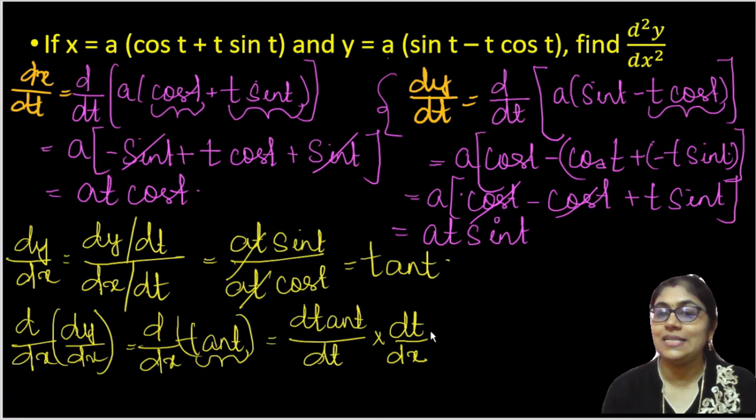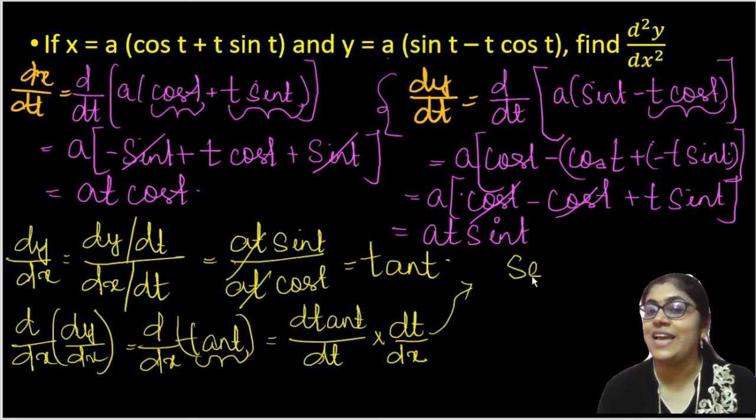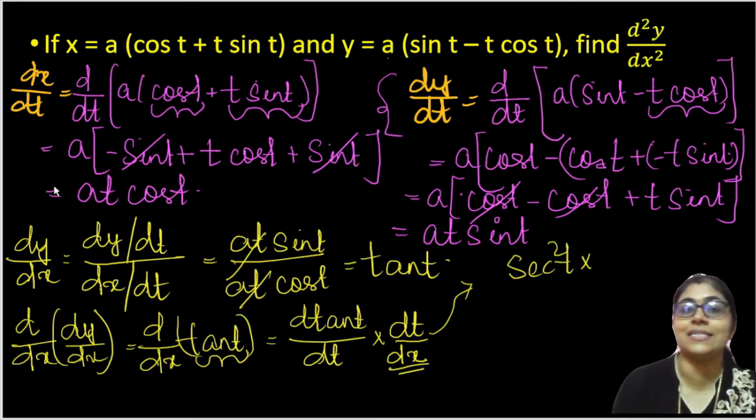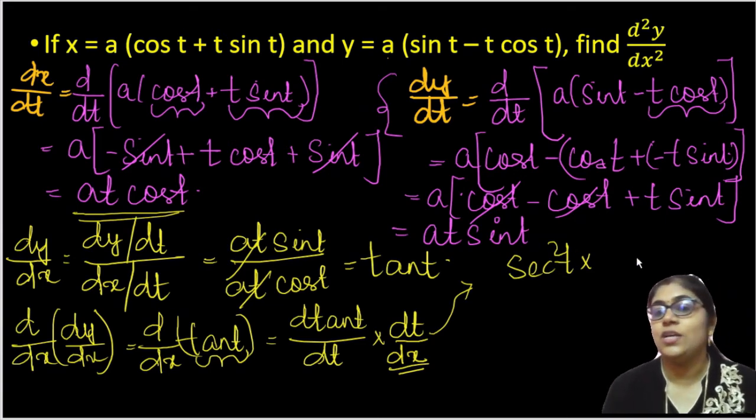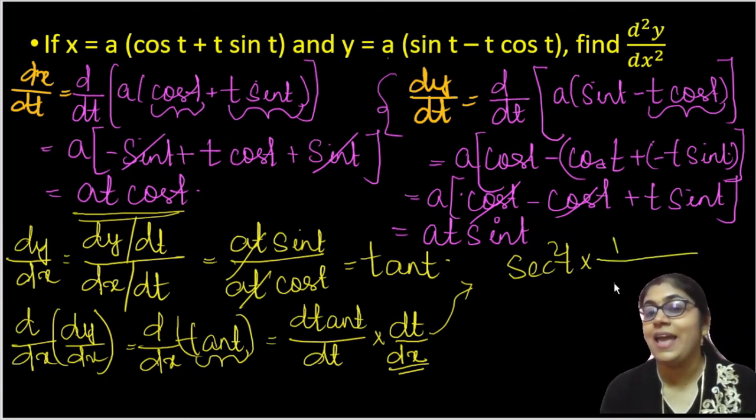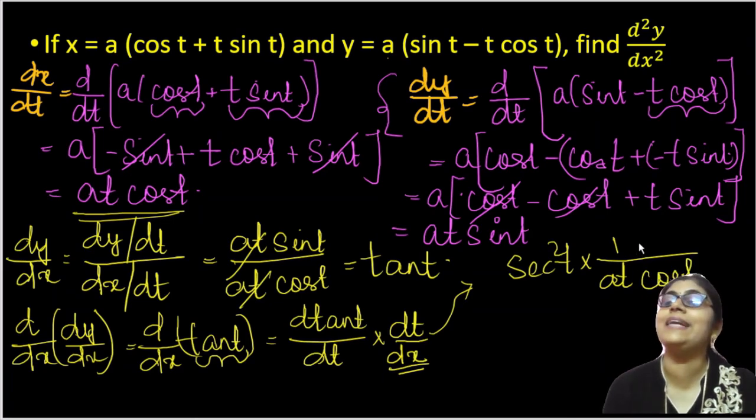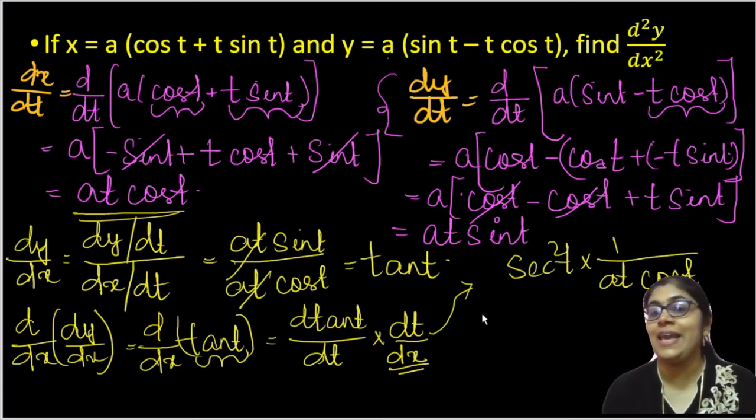So d tan t by dt is equal to sec square t. And what happens to dt by dx? dx by dt is equal to a t cos t. So this is 1 by a t cos t, or you can say it is sec t by a t. So our answer is sec cube t by a t.